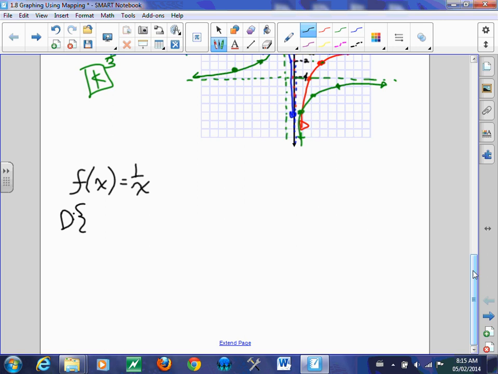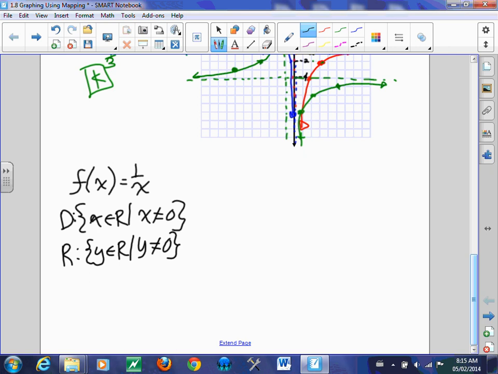Okay? The domain is such that x belongs to a set of real numbers such that x cannot be equal to 0 because of the asymptote, right? You guys good with that? And the range is such that y belongs to a set of real numbers in that y cannot be 0 also because it's an asymptote. That's the parent function, okay?